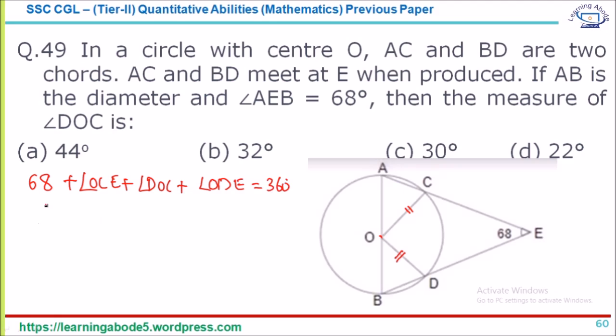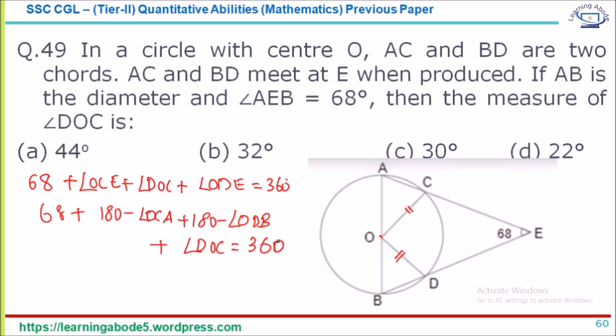So 68 plus 180 minus angle at OCA plus 180 minus angle at ODB plus angle at DOC, all this is equal to 360.